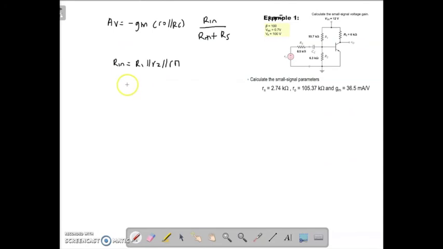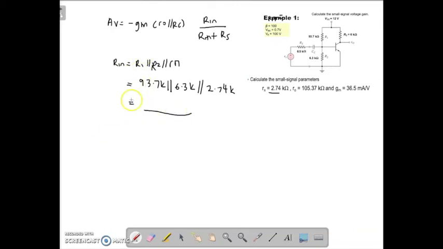Okay, so now you need to find R in. So what is R1? 93.7K parallel with, what is your R2? So this is capital R, 6.3K parallel to R pi. Your R pi you calculated previously, you can get 2.74K. So you can get the value of your R in.